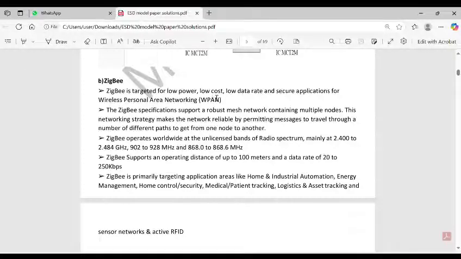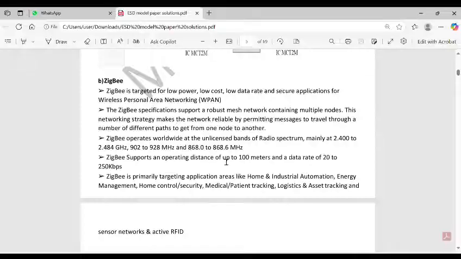The ZigBee is targeted for low power, low cost, low data rate and secure application for the wireless personal area network. The ZigBee specification supports a robust mesh network containing multiple nodes. ZigBee operates worldwide at the unlicensed bands of radio spectrum, mainly at 2400 to 2484 GHz.